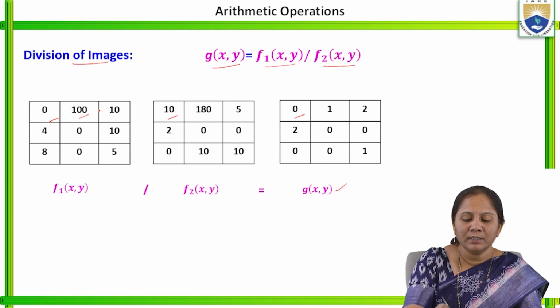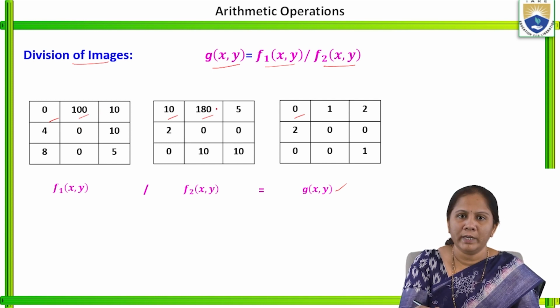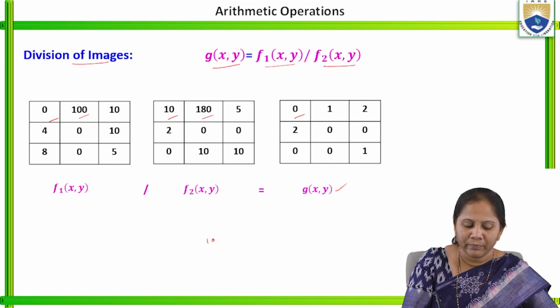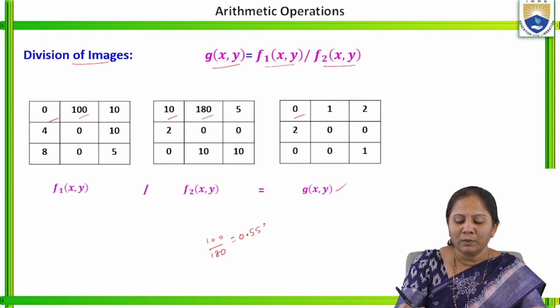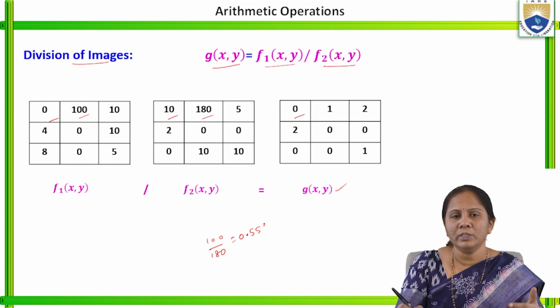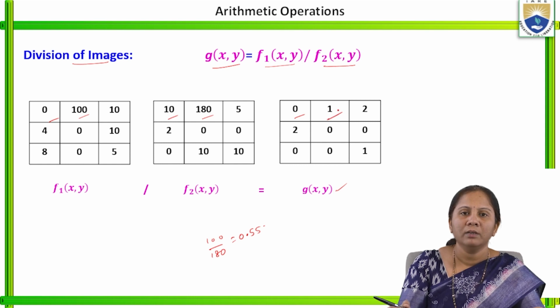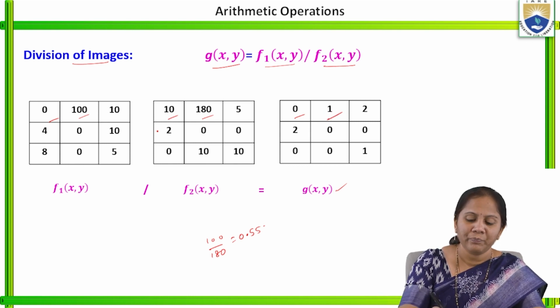And next one is 100 by 180. If you do 100 by 180, the value will be 0.55. As the value is 0.55, which is not infinity, we have to round it off to the nearest integer. That's why we have got 1 here. So in this case, the rule is applied.